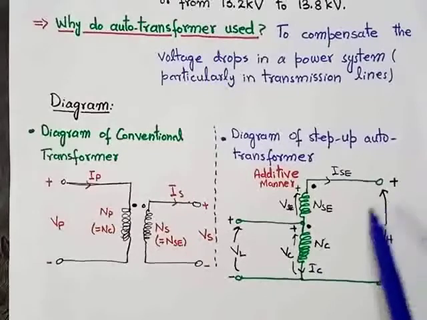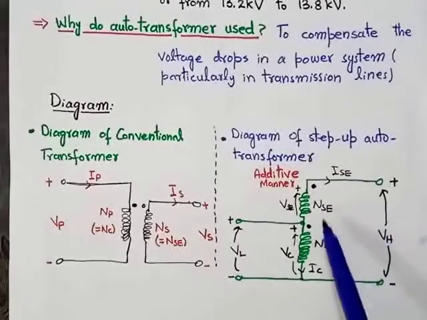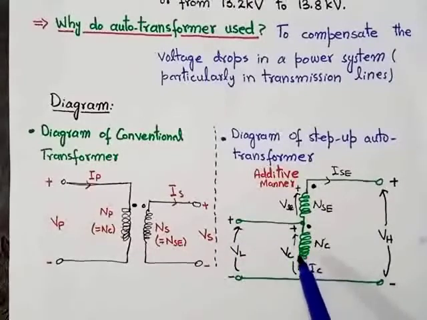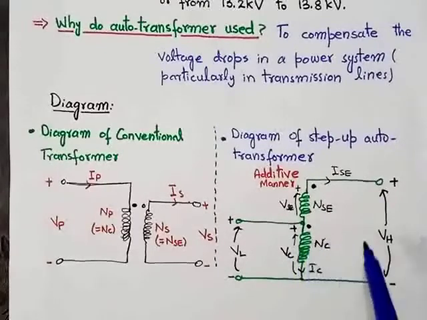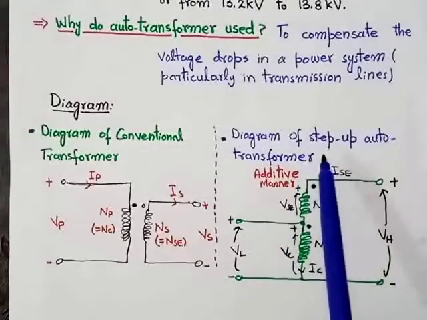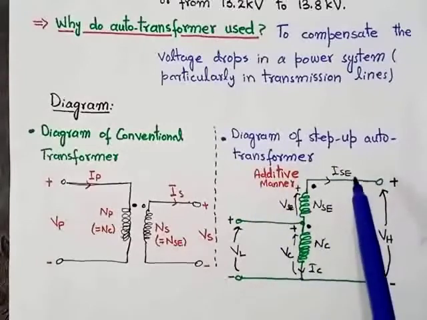This is the high voltage side of the autotransformer because here there are more turns, and this is the low voltage side because the input is connected with fewer turns. Here the secondary side is the high voltage side and the primary is the low voltage side. That's why this is the step up autotransformer.